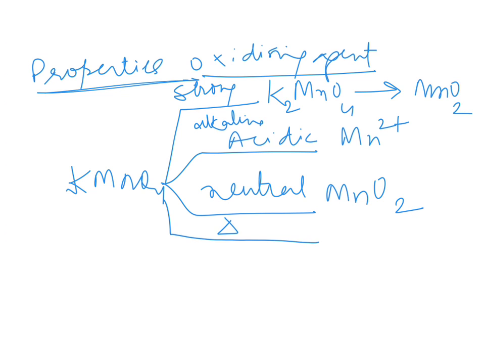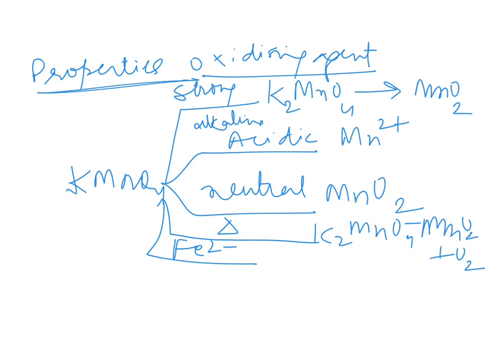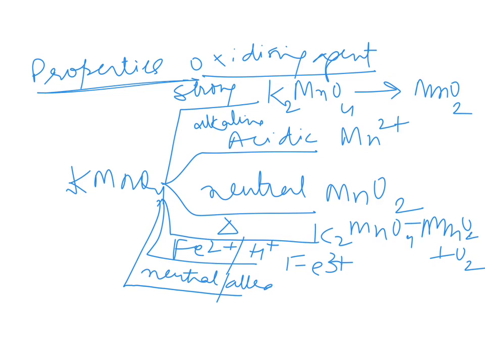Then if you heat it, you will get K2MnO4 plus MnO2 plus O2. If you react it with any salt having Fe2+ in acidic medium, then Fe2+ is oxidized to Fe3+. And in neutral or slightly alkaline medium, it gives MnO2.